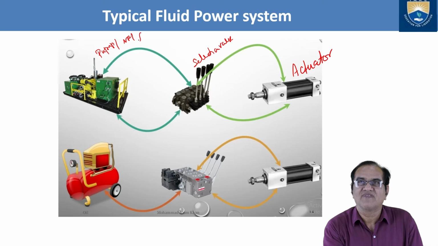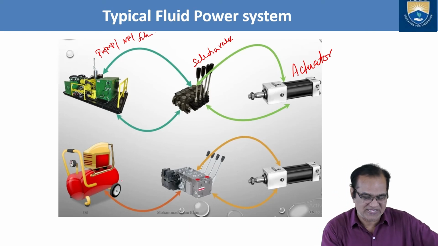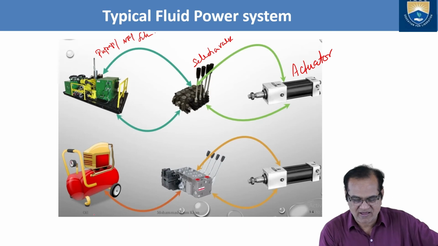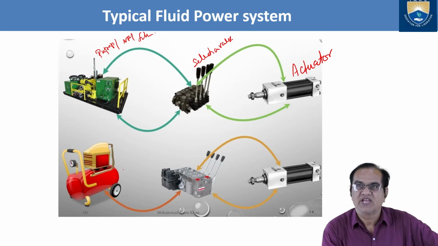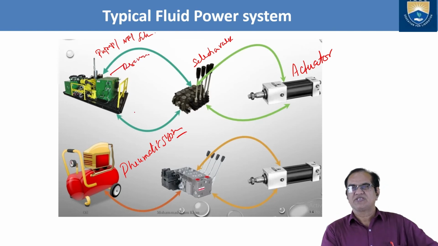NRV, filters, all things are there. And here also, if you see, this is a compressed one. It is a pneumatic system. So here you have the reservoir. This is the reservoir. All simple hand operated. It is shown here.